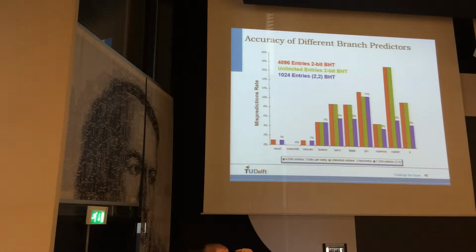Then this is not an implementable predictor, but this is telling me something about the upper bound that such a predictor, organized logically in this way, can give me. And what I see is that unlimited entries I can use as many as I want, will not give me much better than somehow 4 kilo entries.